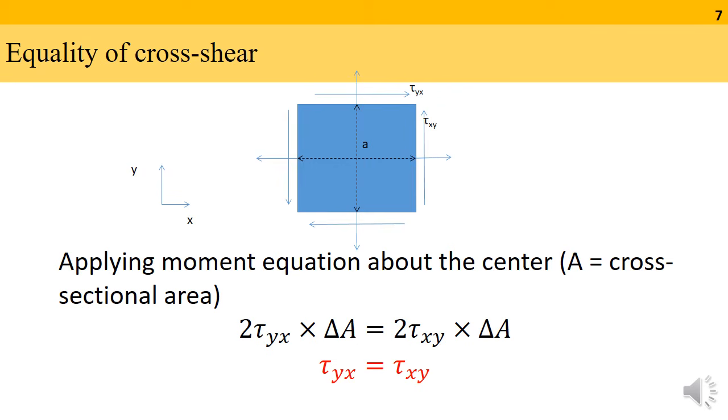So instead of a 3 by 3 matrix which has 9 components, I actually now know that my 3 by 3 matrix is symmetric. So to completely determine the stress at a point, we need to calculate 6 quantities. So 6 components are needed to completely define the state of stress at a point.